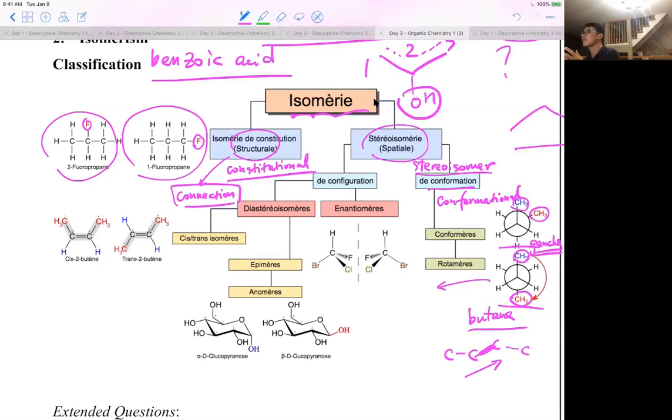Stagger means, I don't know. You guys can do some homework. I'm always confused by this kind of weird words. How about this one? This is fully overlapped. It's called eclipsed. I think eclipse makes sense, right?